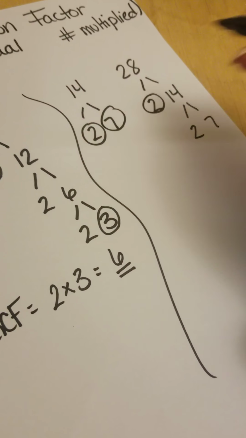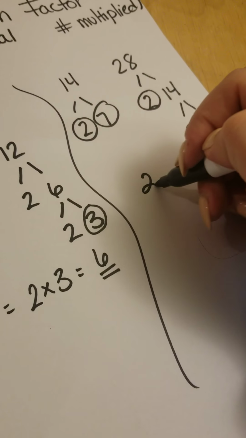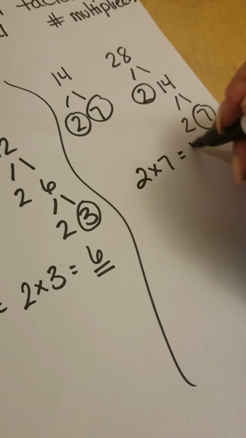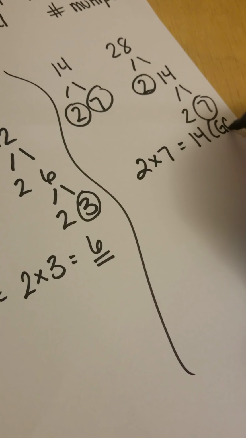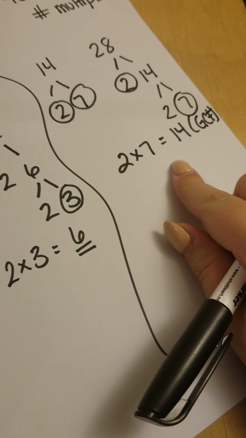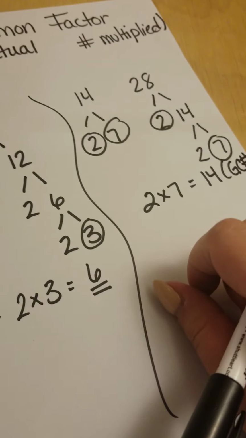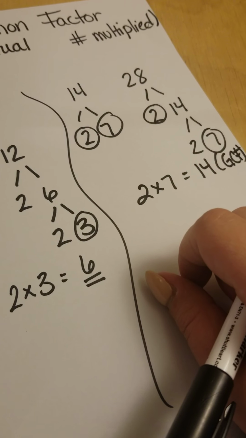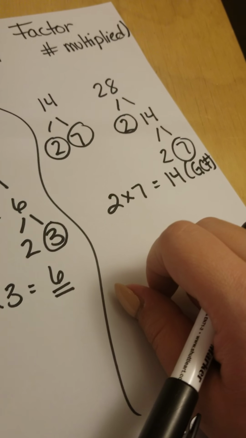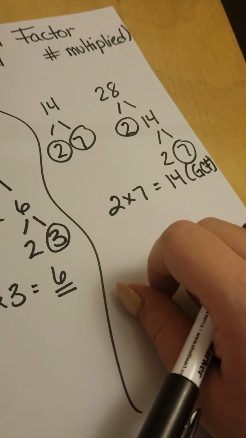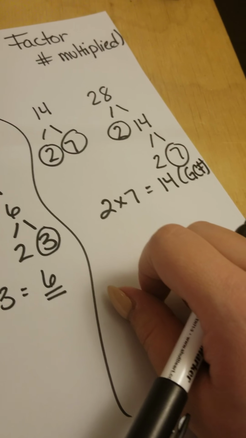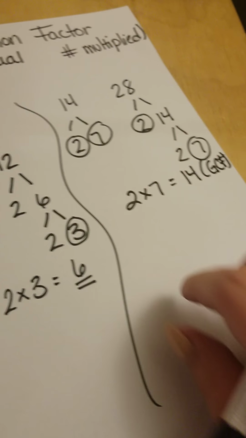You have a 7 here, you have a 7 here. So you do your 2 times 7 to get your GCF of 14. That means that 14 is the greatest number that can be multiplied into both 14 and 28. You can check your work. 14 times 1 is 14. 14 times 2 is 28.